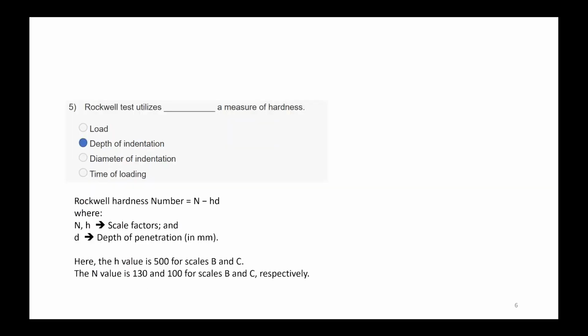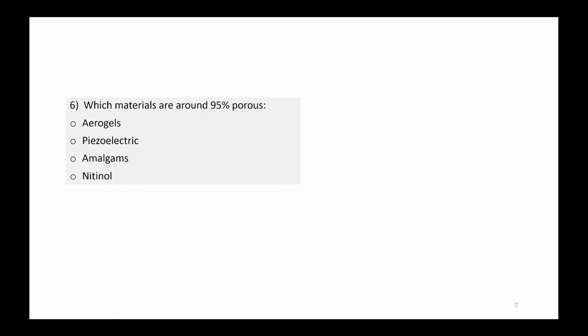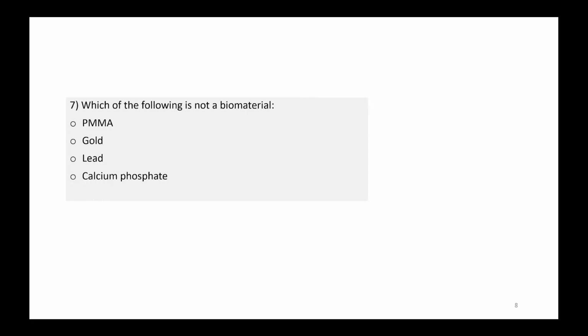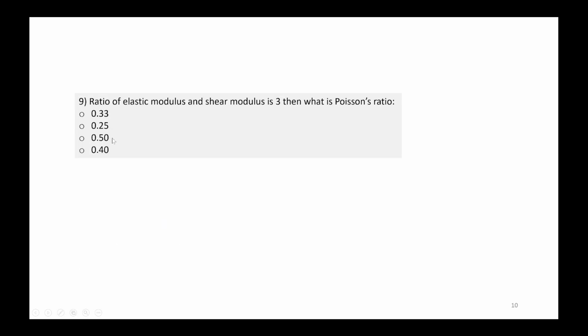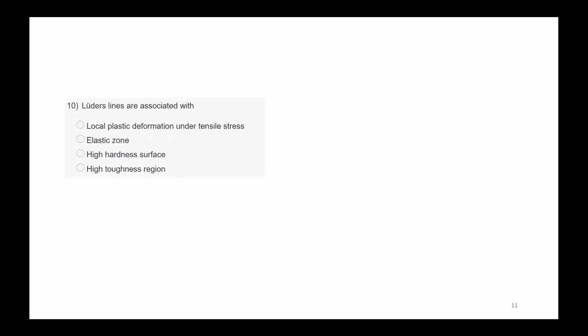And Rockwell hardness, then aerogel, that is 95% porous, then biomaterial, lead won't be here because it is toxic, and hardness is resistance to indentation. Then the ninth question is similar to your earlier questions, where Poisson's ratio, elastic modulus, and shear modulus all have some relationship. Based on that, you can calculate it will be 0.50. And the last one is Luder's lines.